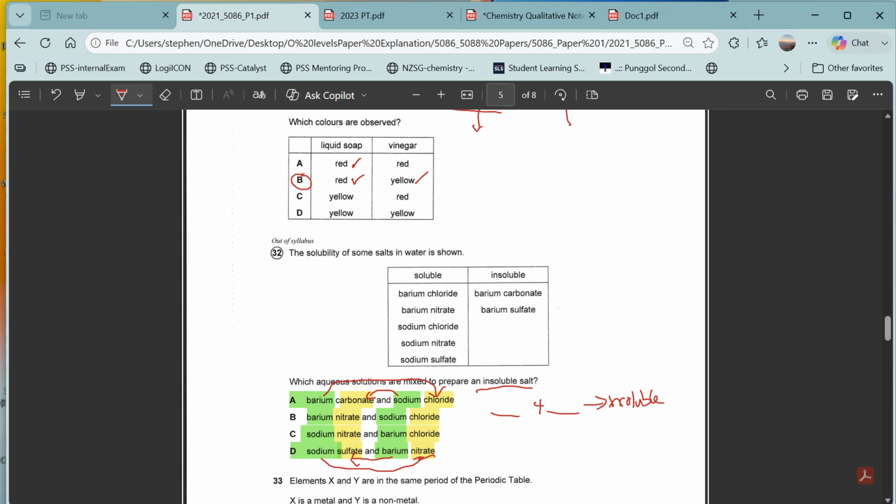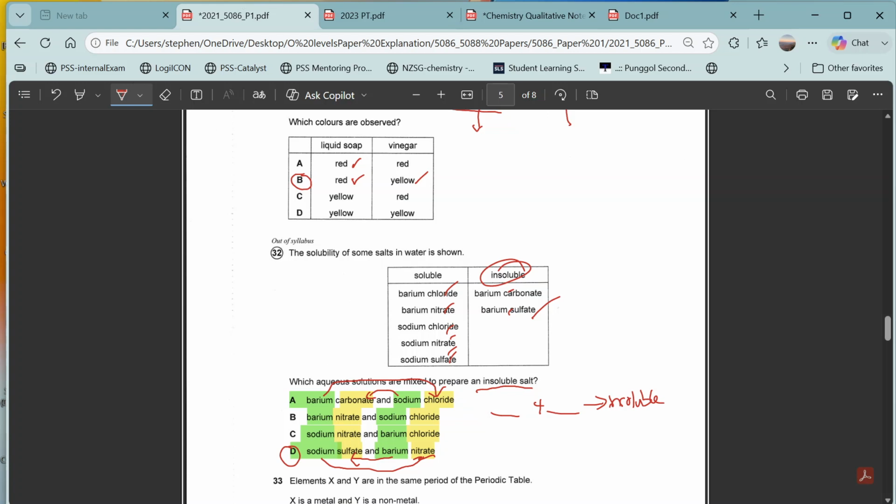If you do that for A, B, C, and D, you realize that only D gives an insoluble salt, because barium sulfate will be up here. The rest of them will not give any insoluble salt present, because all these are soluble, and this is insoluble.